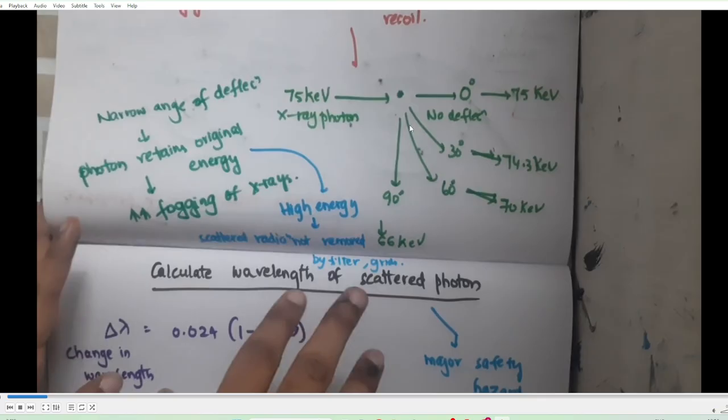With lower energy radiation like 70 kilo electron volts or 100 kilo electron volts, fewer photons will scatter forward and more photons will scatter backward at an angle of 180 degrees. This distribution is fairly constant throughout the diagnostic energy range.